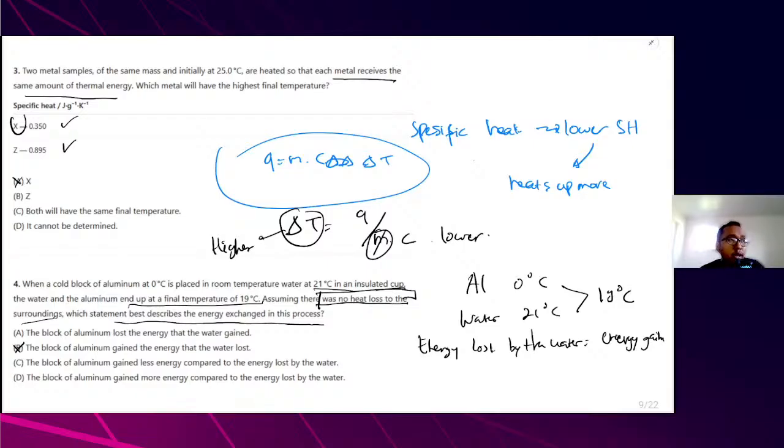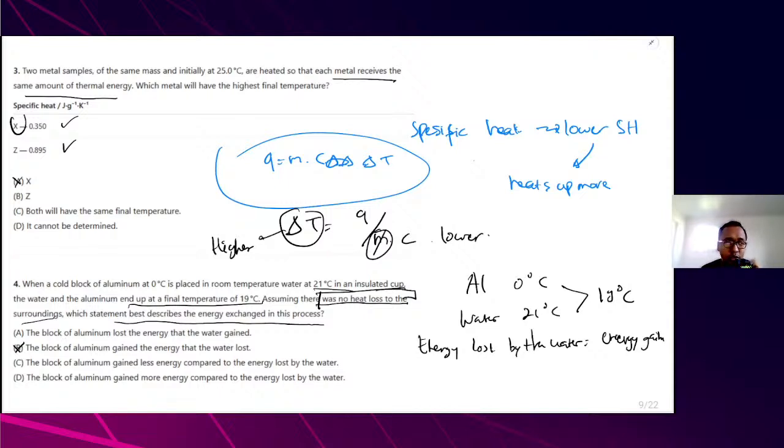Now just a quick recap from number 3. Just remember, lower specific heat means a greater temperature rise for the same energy. Lower specific heat capacity will produce a higher temperature with the same energy.